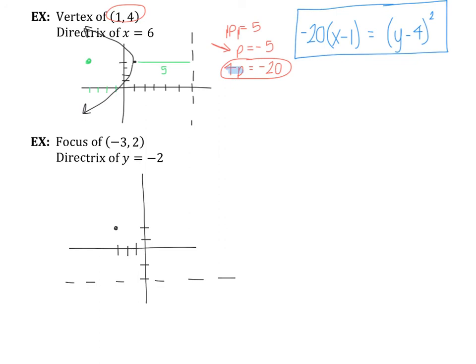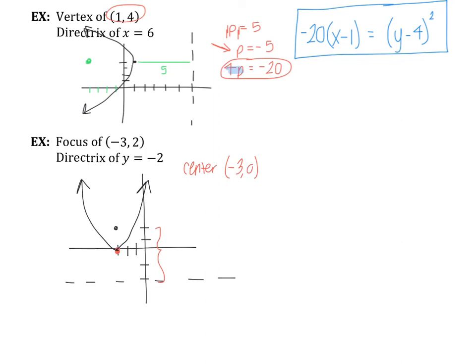I need to find my vertex though, what's in the middle. Well, this total distance from here to here is 4, so I need to find my center, which would be right here. So my center is right in the middle, which is -3, 0. I know it's going to open up because we have to have my focus inside the parabola.